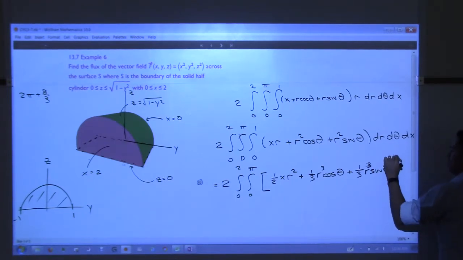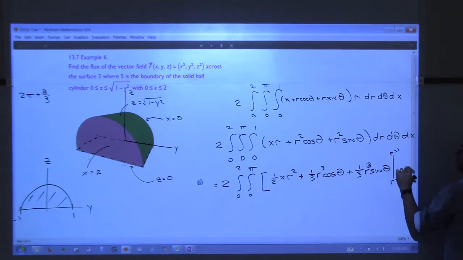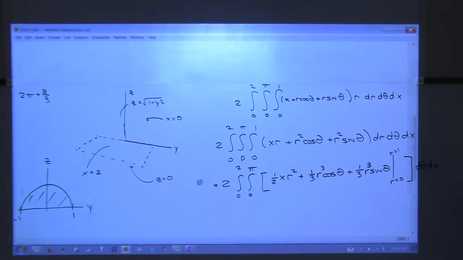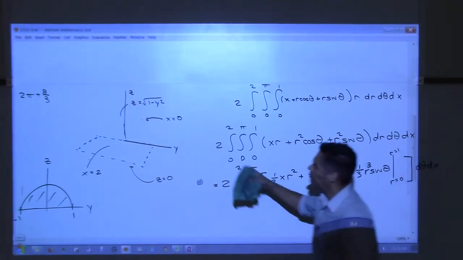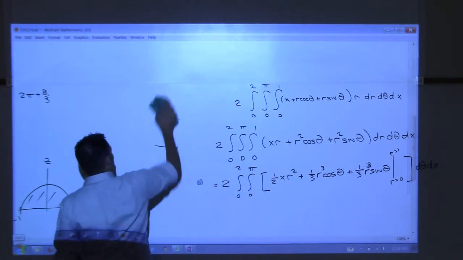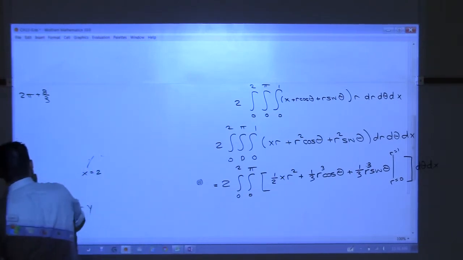And I'm going to evaluate all this at r equals 0 and r equals 1. And then when I'm done there, d theta dx. We good? Continue.